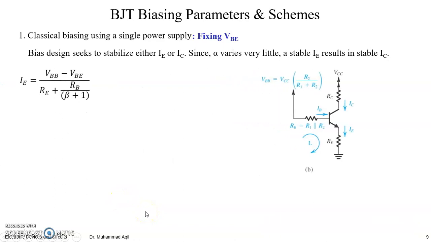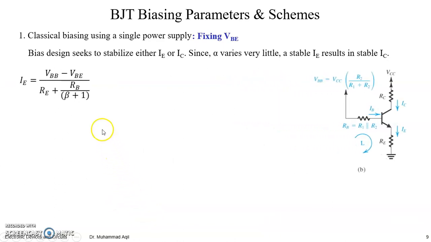So now let's see what parameters need to be considered to make this IE stabilized without applying any AC signal, right? In the absence of AC signal, this IE should be stable. So how can it be stable? If we take VBB greater than VBE, then it will be less sensitive to base to emitter variations, right? So for small VBE variations, this will be absorbed by this consideration.